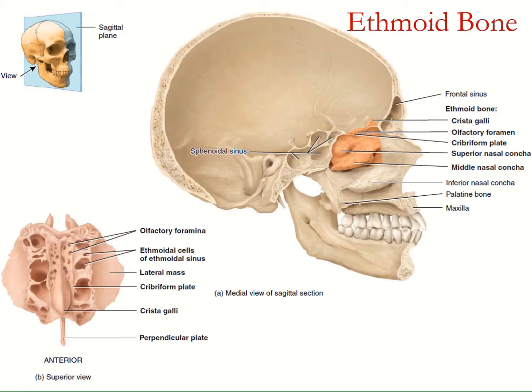This is your cranial nerve number 1. So the different nerves of your olfactory nerve, cranial nerve number 1, will course through your olfactory foramina so that we would be able to identify a particular scent when introduced near our nose.